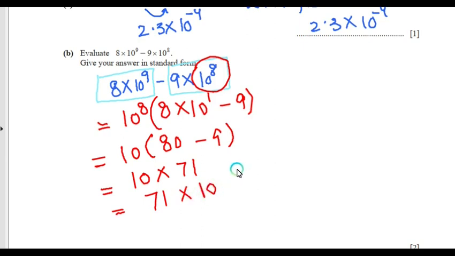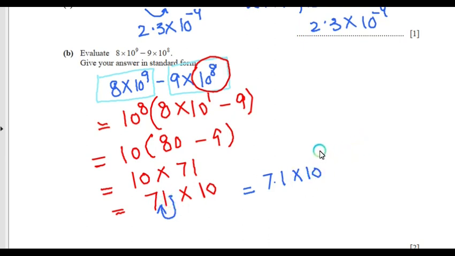How do we convert this number into standard form? We have to shift the decimal after the first non-zero digit. Obviously this is a whole number, so the decimal should be after 1. This decimal should be shifted to after the first non-zero digit, which is 7. So it becomes 7.1, and 10 raised to power 1, the number of digits between the present and the previous position of the decimal, and there is only 1 digit between.